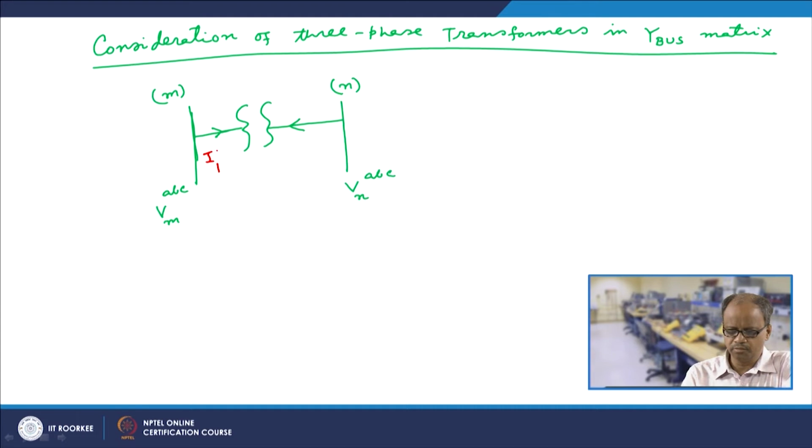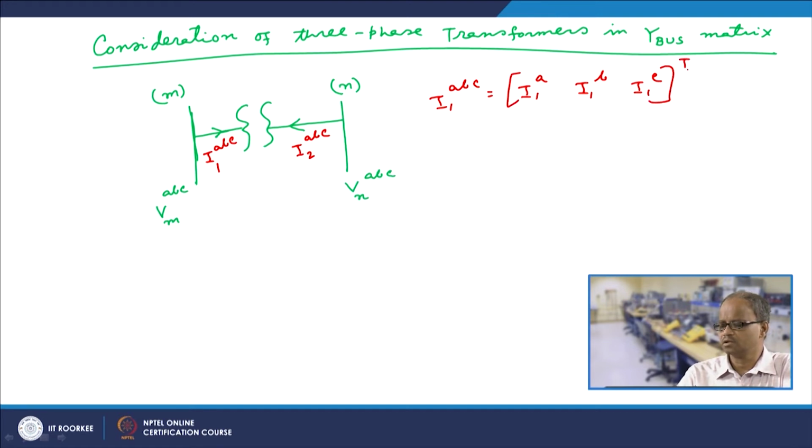So there will be a current I1 ABC and there also would be a current I2 ABC. Of course, I1 ABC is I1A, I1B, I1C transpose, and I2 ABC also is I2A, I2B, I2C transpose. So, these are all 3×1.